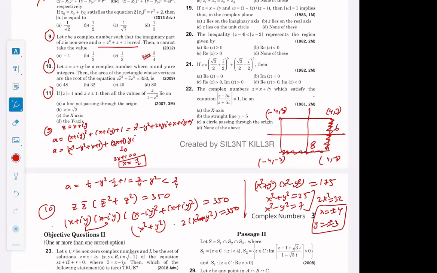So the overall area will be base into height, which is 48. Understood?